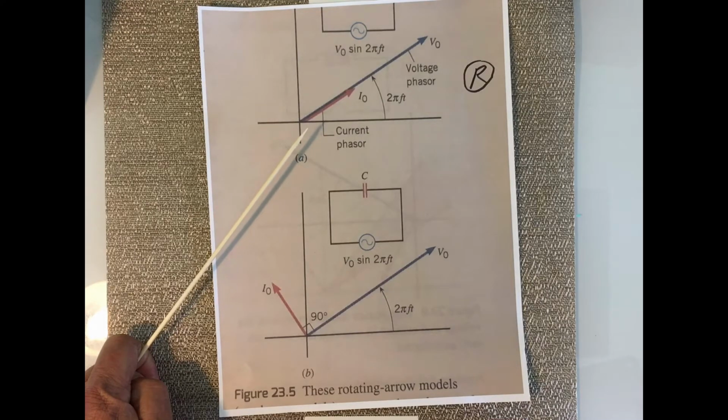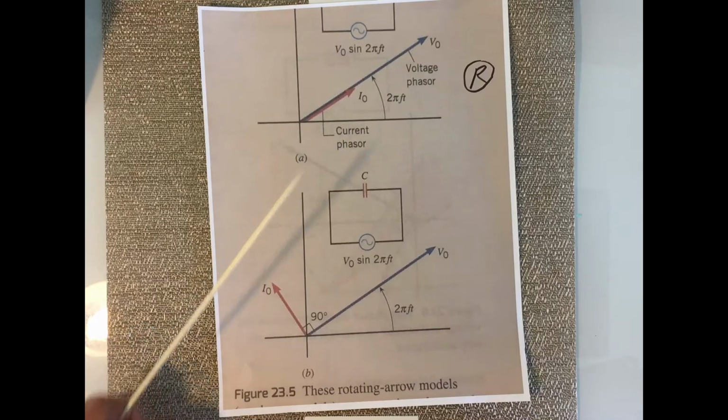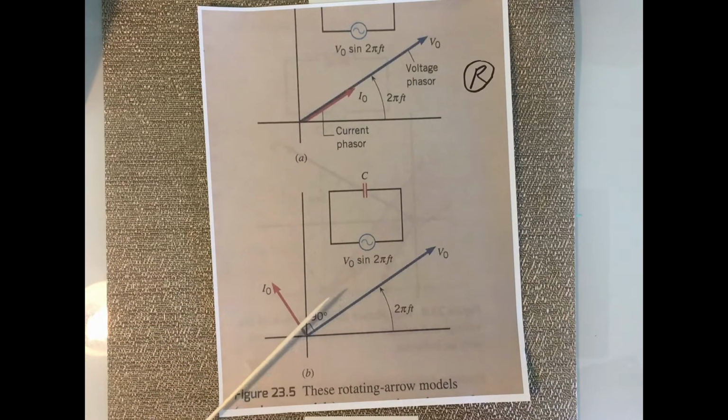They start at the same time when you turn on the circuit, but it's not the same for the capacitance. Here, as you see, this is IL and this is VL. So the current is leading compared to the voltage. Voltage is actually lagging.